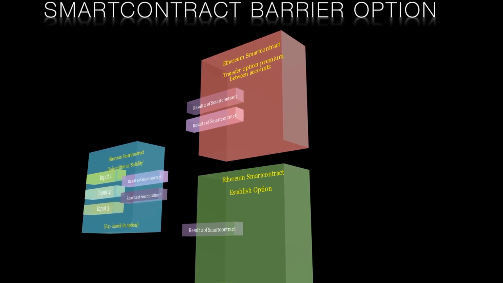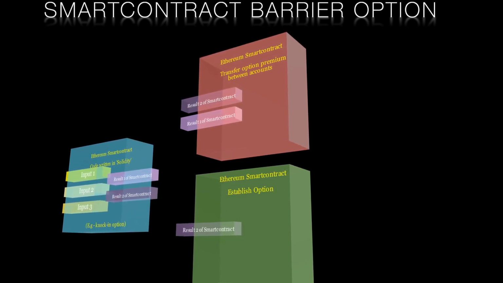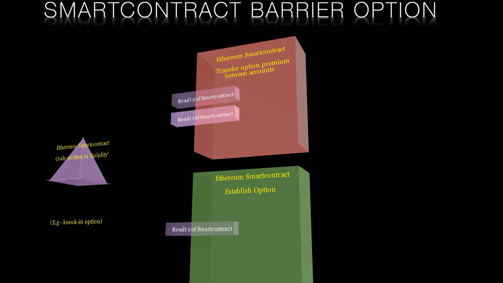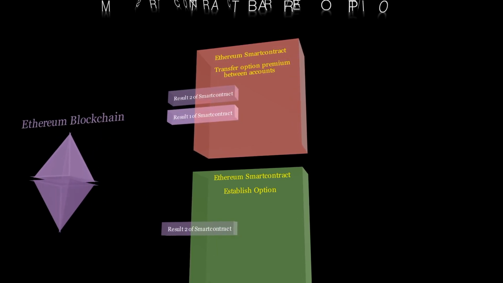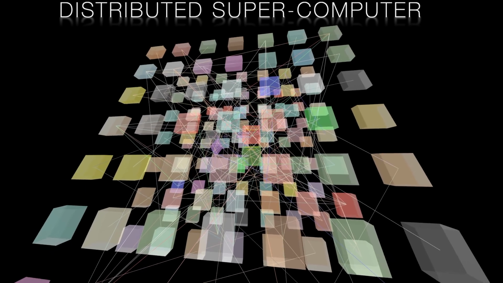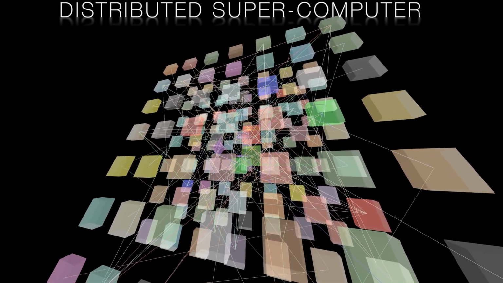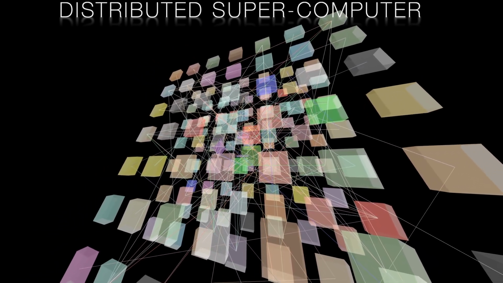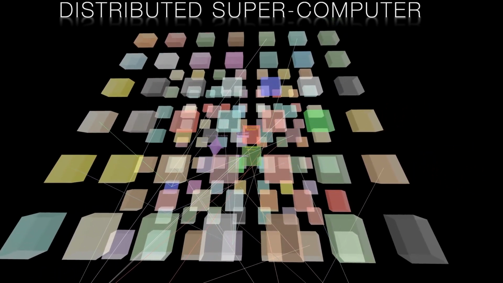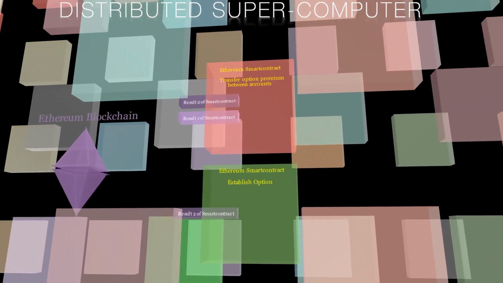Once the contracts are written, they are immutable and cannot be changed. The entire Ethereum blockchain can be visualized as a distributed supercomputer with interaction between loosely coupled smart contracts. No central party is in control. Users have the option to make use of as much of the existing functionality as they wish, or write their own.